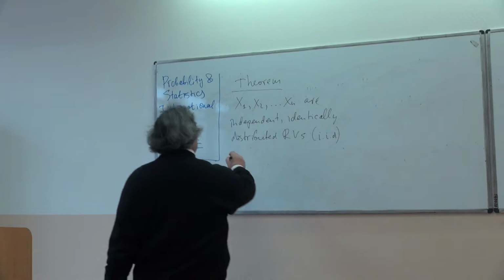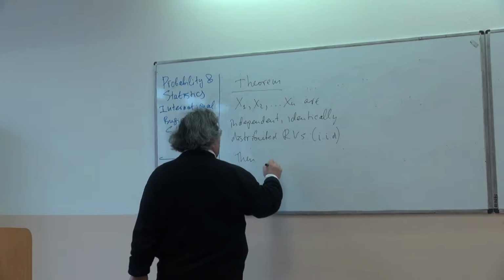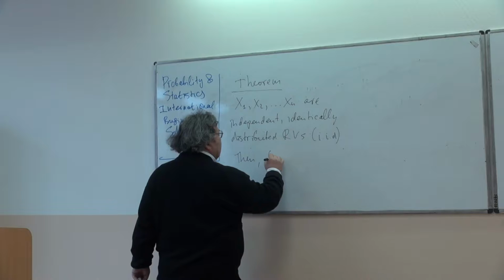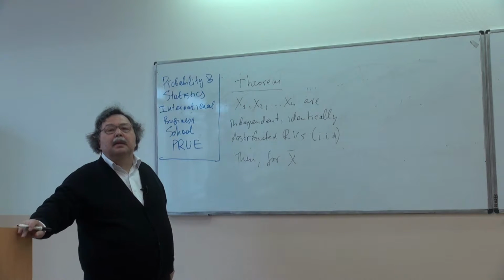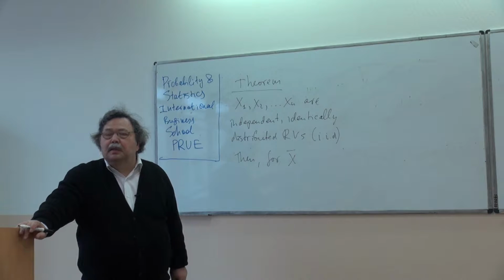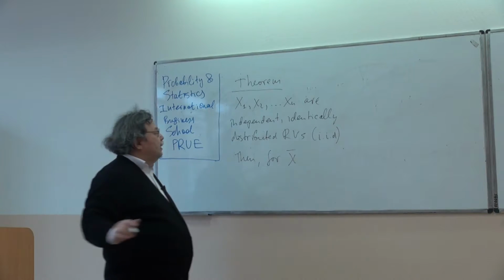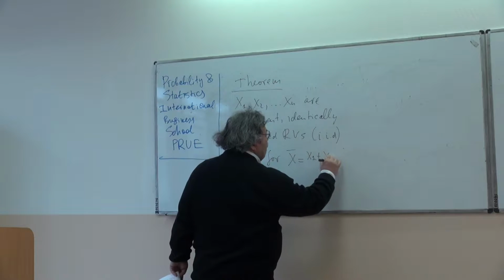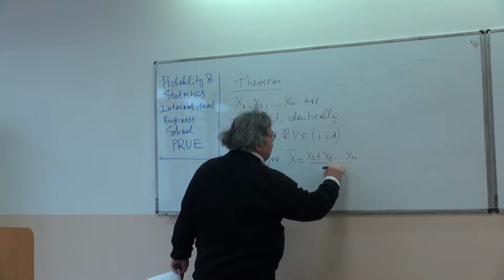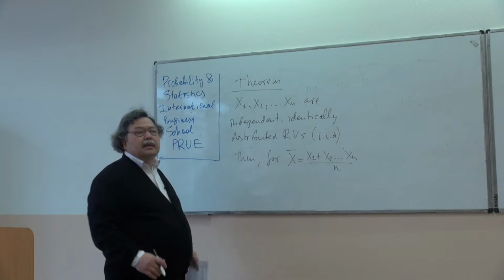Then, if we consider this random variable that is a function of x1 to xn, and it's called x bar. Okay? So this is a standard notation.